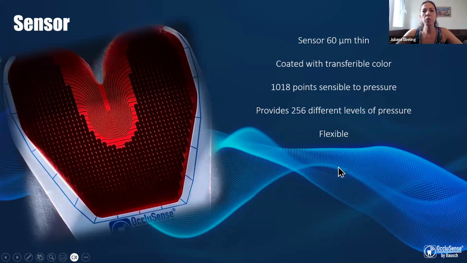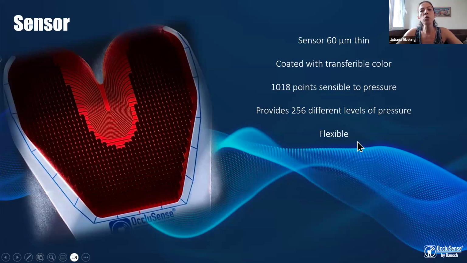It's very important when we start to use a new sensor that we first model this sensor before initiating the capture, because it's a sheet that needs to be molded to the anatomy of the occlusal surface to give more precision to this data.